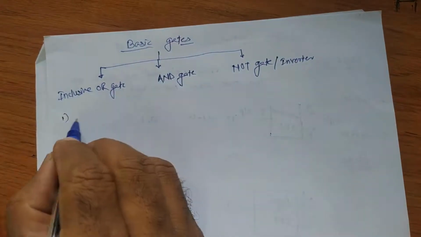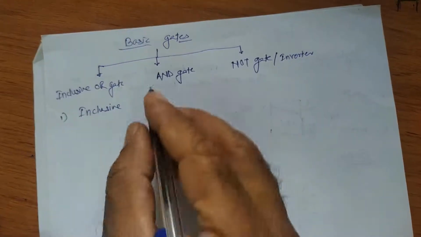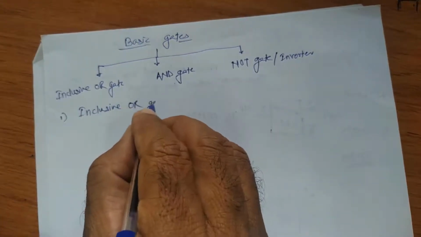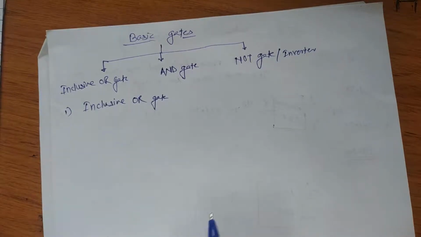We first see the inclusive OR gate. Generally we say OR gate. The logic symbol of the OR gate is shown.